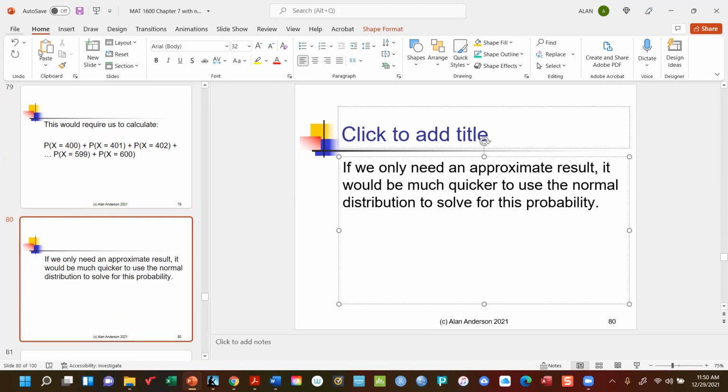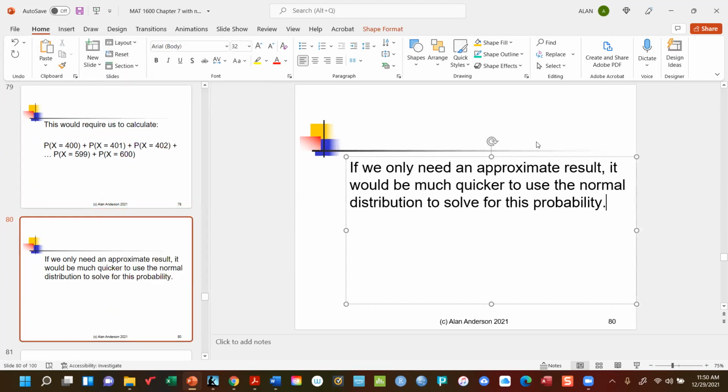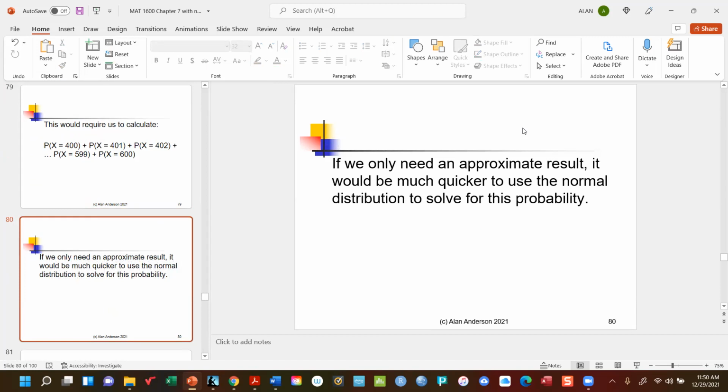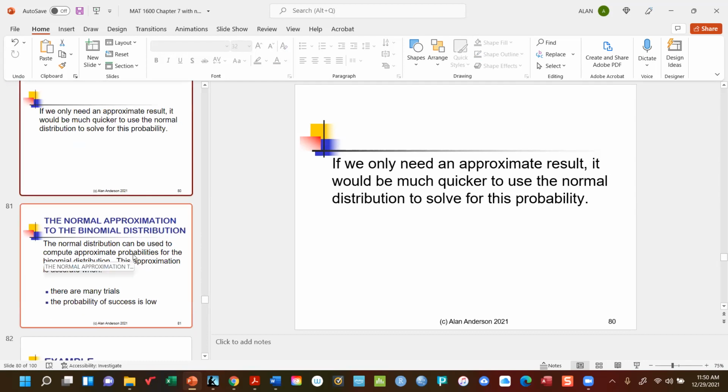Now you're probably saying, well, how can we do that? How can we apply the normal distribution to this result? Well, the answer is we can. There's a way we can do this, with the understanding that it's only an approximation, but it can be done. And by the way, this could also be done for the Poisson distribution, but we're only going to use the binomial.